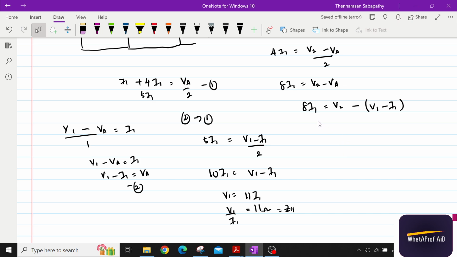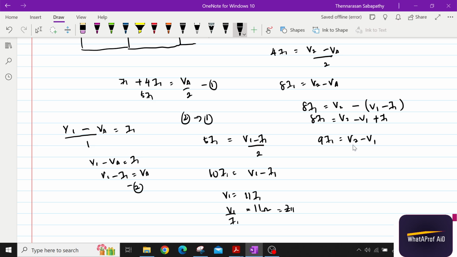Then we simplify this equation first. V2 minus V1 plus I1 equals 8I1, and if you bring this here, this is 9I1 equals to V2 minus V1.